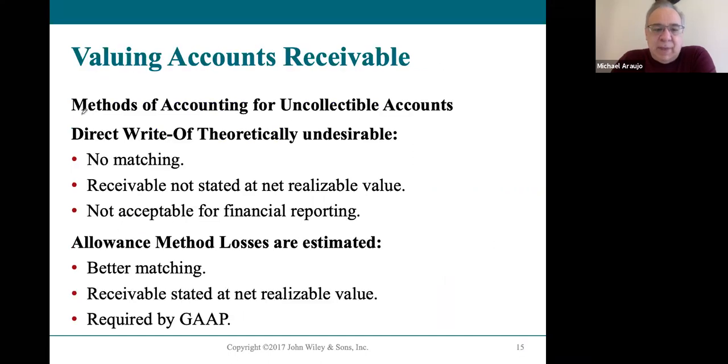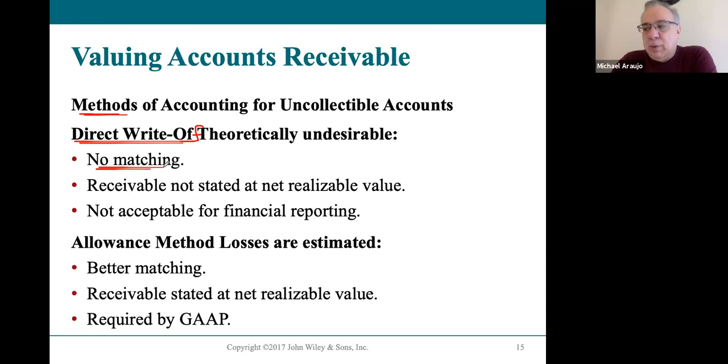There's a couple of methods that accountants use to value the receivable. Small businesses can simply directly write off. This is write off, not write of, the direct write off method. And direct write off is not compatible with GAAP.